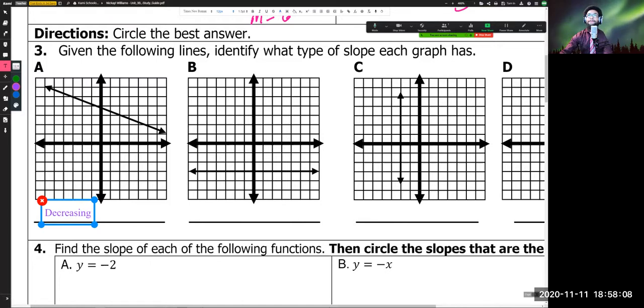And now when we look at B, this one may be kind of hard to see, but our slope for this line is right here. This bold line going side to side. And since this isn't rising or falling, it's not increasing or decreasing. Remember, the slope of horizontal lines is 0. So this is no slope.